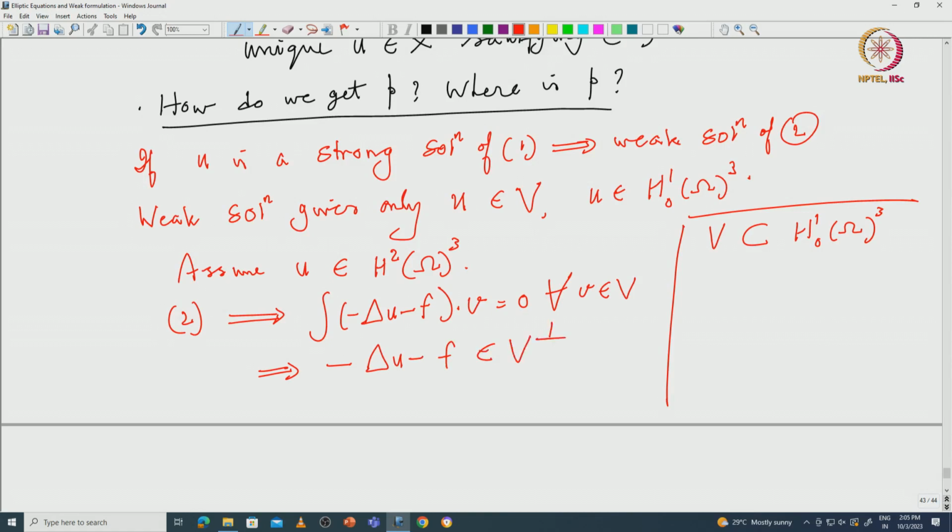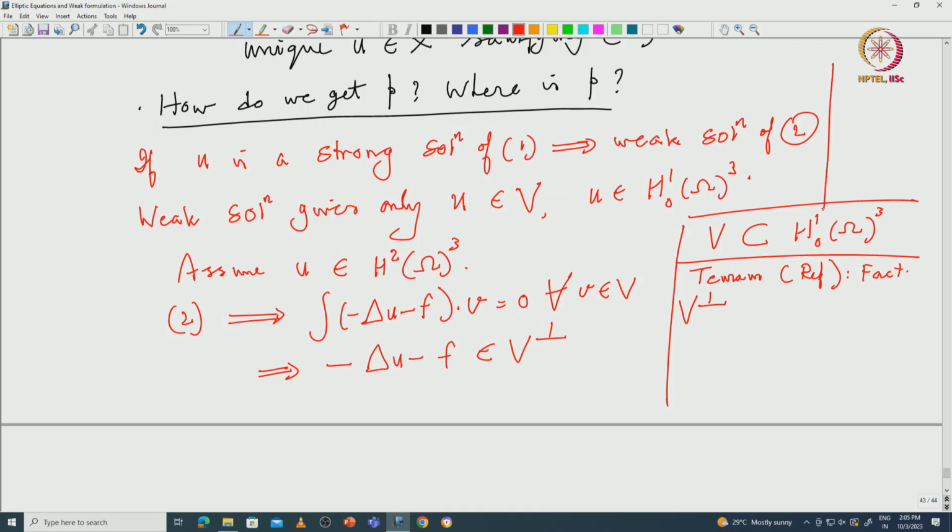So, what you can show is that this only implies minus Laplacian of U minus F is in V perp. Here is a fact, maybe you can see Temam or some other fluid dynamics book. I want you to see what V perp is.